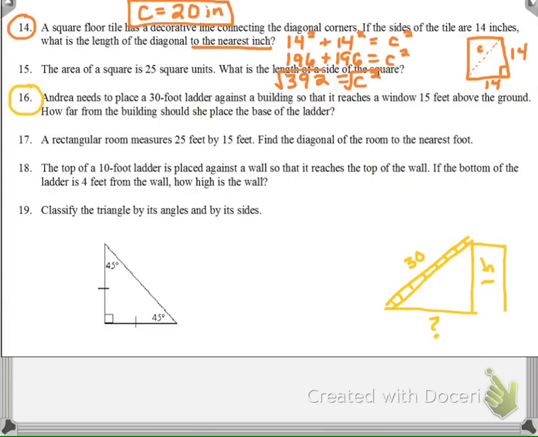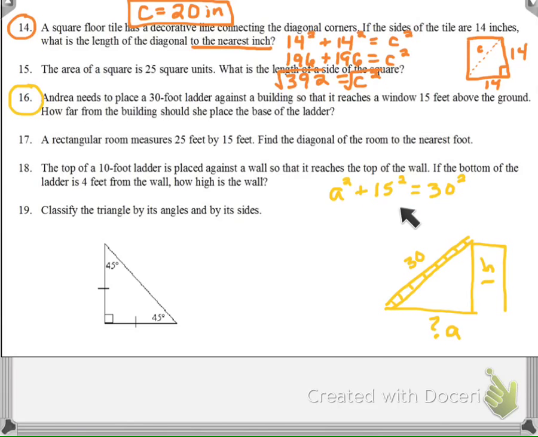Well, the building, at least if it's built right, is going to be a right angle, so that makes this question mark my A. So I have A squared plus B squared equals C squared, because here's my right triangle. The building, the ladder, and the ground makes a right triangle.